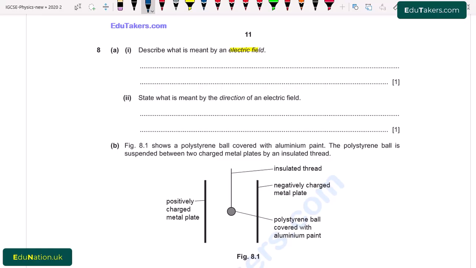So I write the region in which an electric charge experiences a force.